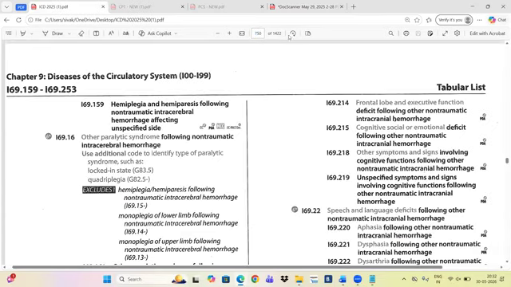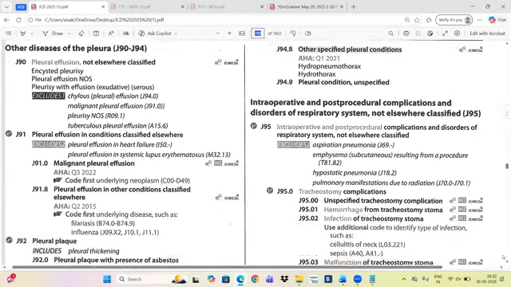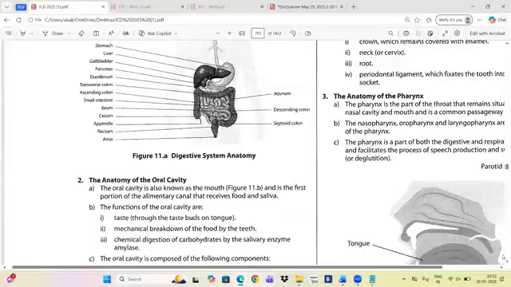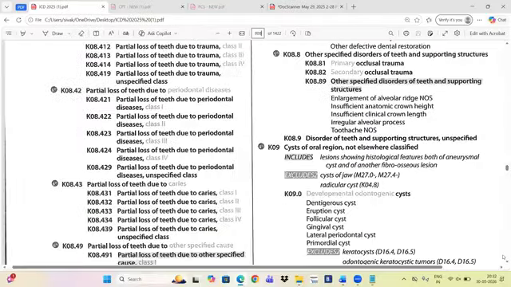K35 something series, K35.30. We have the code combination, I think.